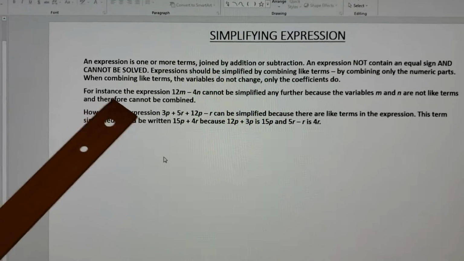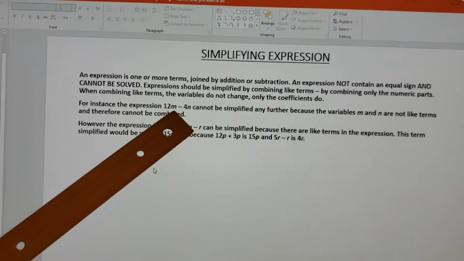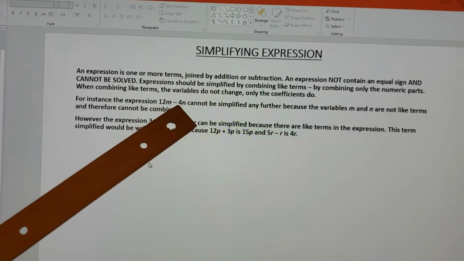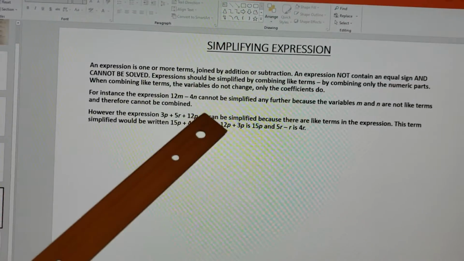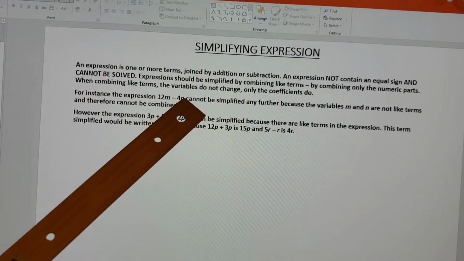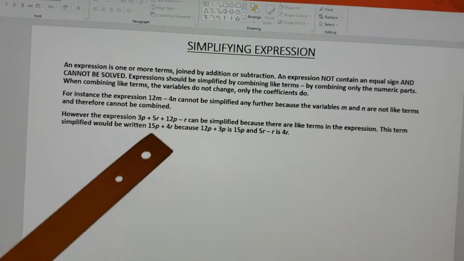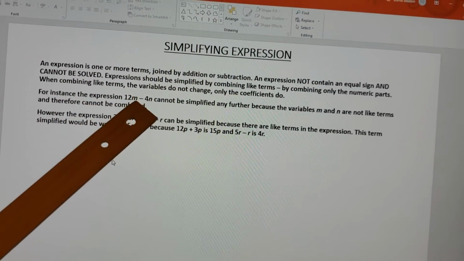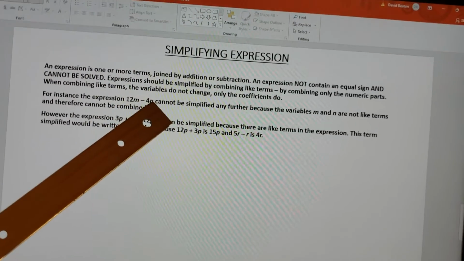These are some questions that are on the quiz. 12m minus 4n cannot be simplified any further because the variables m and n are not like terms. They can't be combined if they're not like variables.